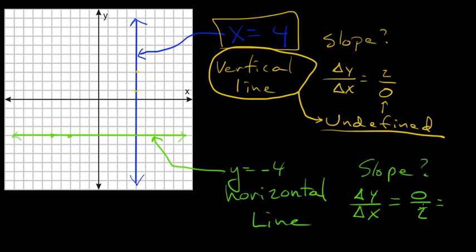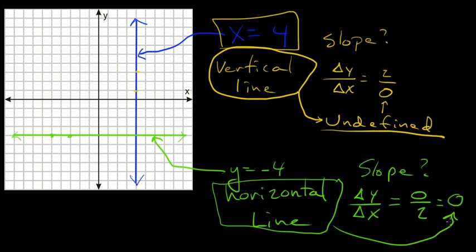What's 0 divided by 2? Don't say it's undefined, because it's not. The answer is 0, because 0 times 2 is equal to 0. So the slope is 0. So the slope of any horizontal line is 0. The slope of any vertical line is undefined.